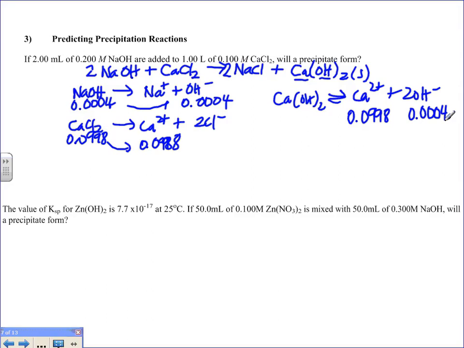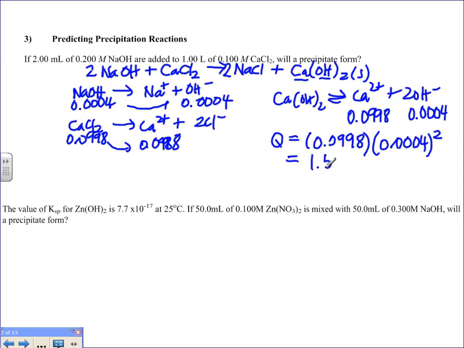Is it a saturated solution, or do we have more or less than a saturated solution? And that's how we decide if we've got a precipitate. So just like in previous units, if you want to know if something's at equilibrium, you need to find Q. And in this section, we call this the trial ion product. So I'm going to take the calcium concentration, and the hydroxide concentration squared.